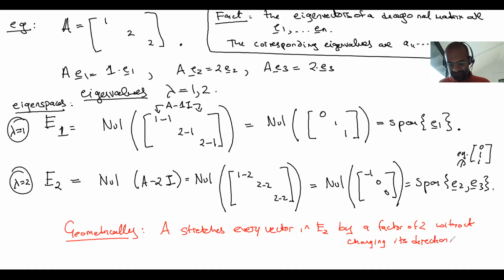And in E1, it stretches everything by a factor of 1, so it doesn't change them at all. And this is special, right? If I plug in a vector that's not in one of these subspaces, it will change the direction. If I plug in the vector 1, 1, 1, that's not in either of these subspaces, that will have its direction changed. Okay, so these eigenspaces are very special.